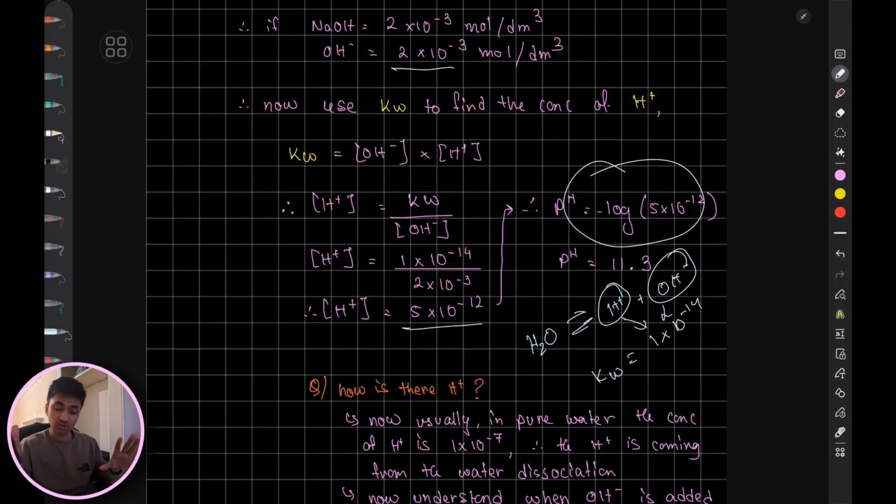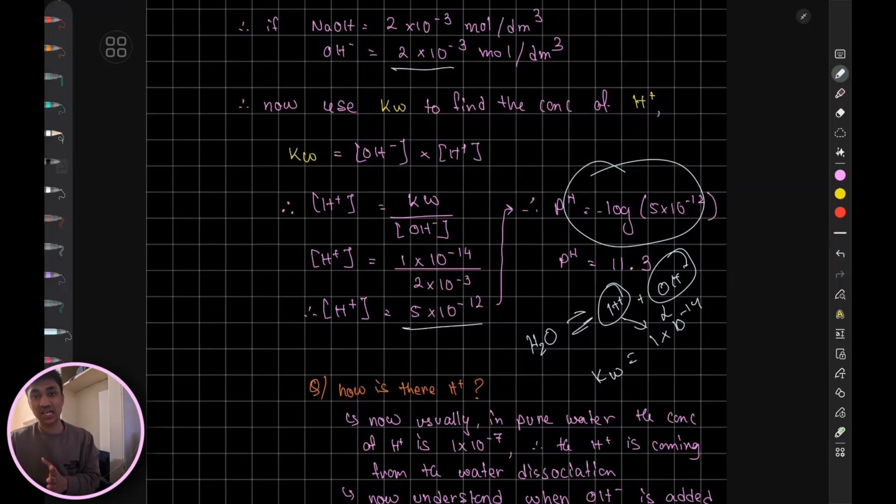And if that is true, if your OH concentration is higher, the H plus concentration has to compensate and be lower. This is where the real game is. This is where the real fundamental lies. Your KW value is constant. It's a reaction constant, an equilibrium constant.